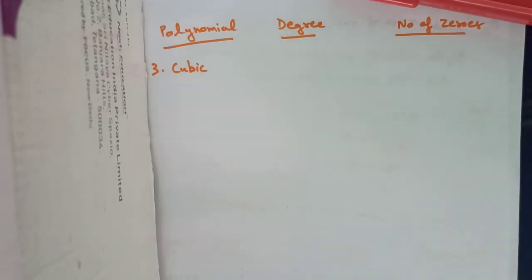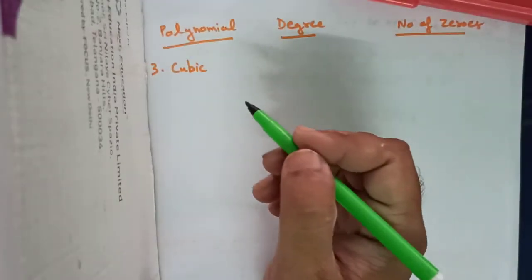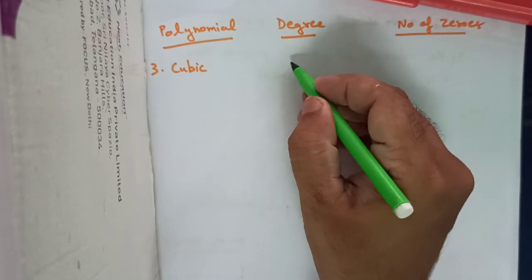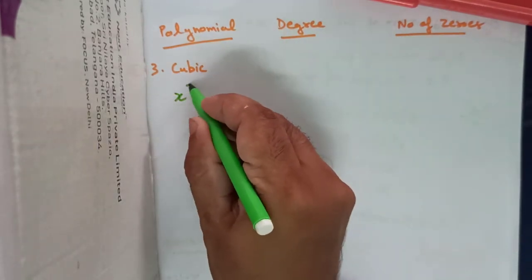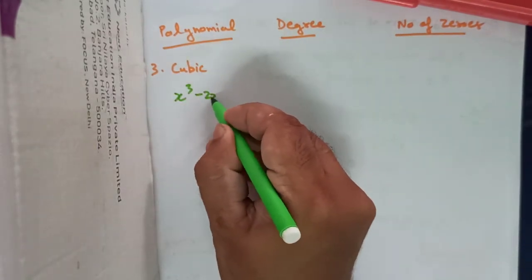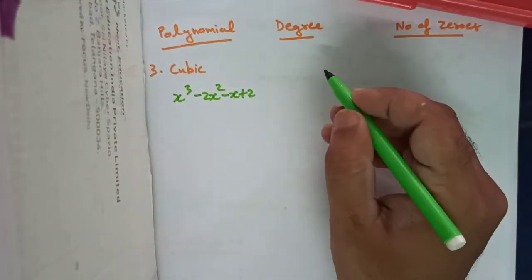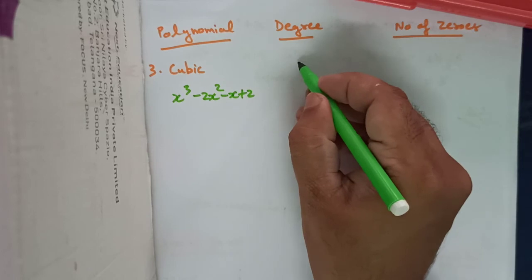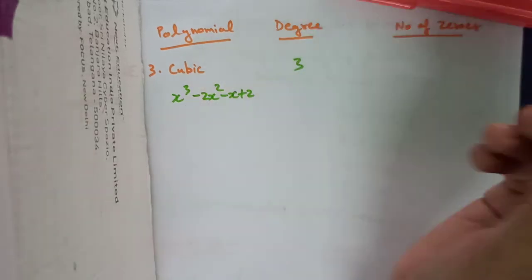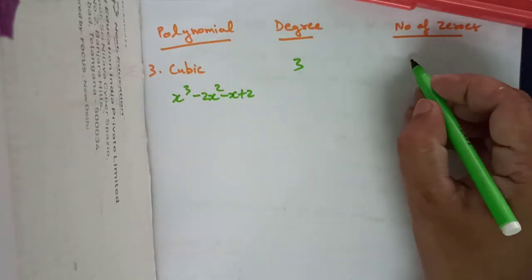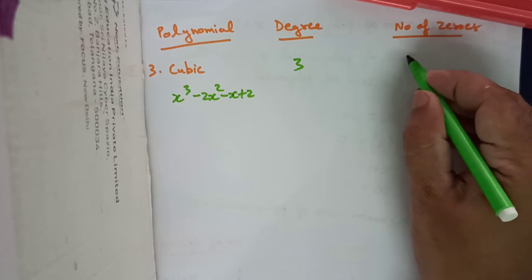Okay, so now we will be discussing the cubic polynomial. A cubic polynomial is a polynomial with degree 3, like x cube minus 2x square minus x plus 2. This is an example of a cubic polynomial. So the degree of the cubic polynomial is 3. The highest power is 3, and it will have how many zeros?